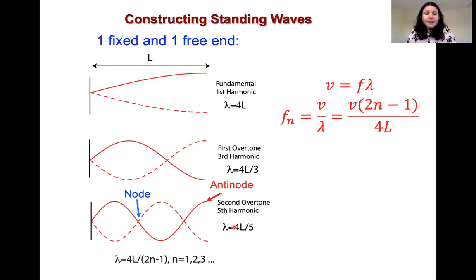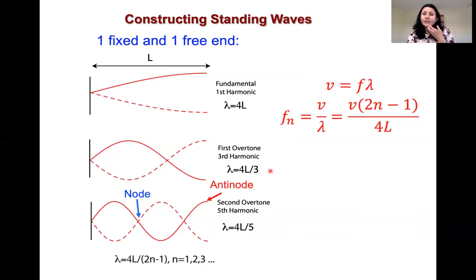How do we write this mathematically? Well, it's 4L over an odd number. We could represent this odd number as 2n minus 1, where the n's are still being counted the same way. So when n is 1, we get 1. When n is 2, 2 times 2 is 4, minus 1, we get 3, and so on.